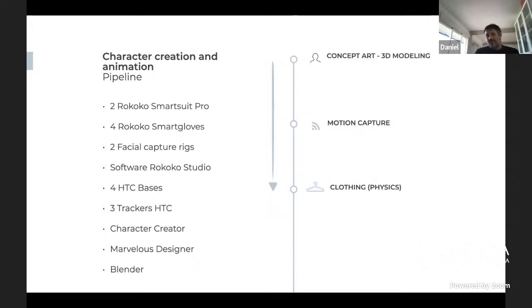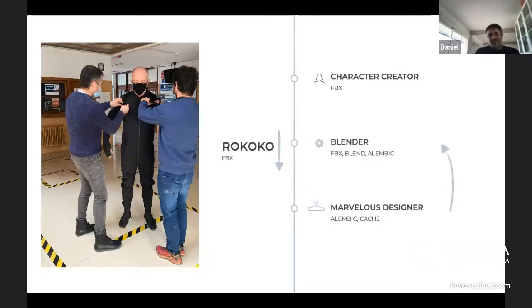So yes, in this case, we had to make an exception and move to Marvelous to finish our clothing and our dresses. Here you can see how we are helping one of the actors to put on the smart suit just before starting to record.